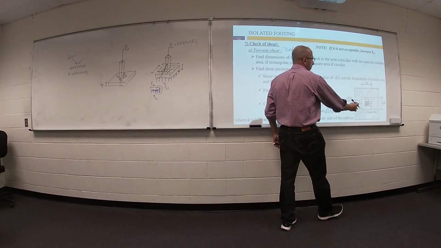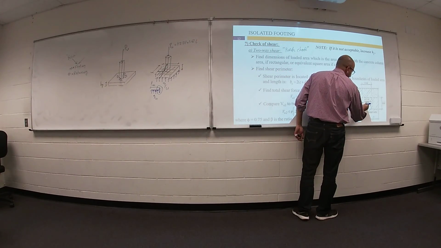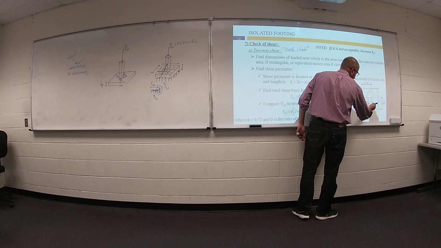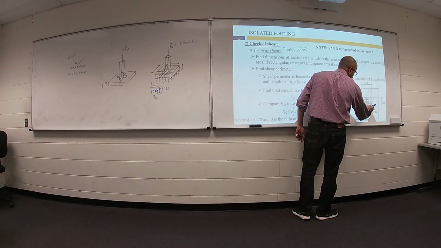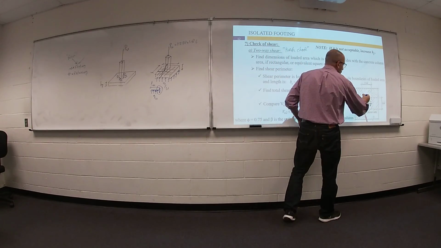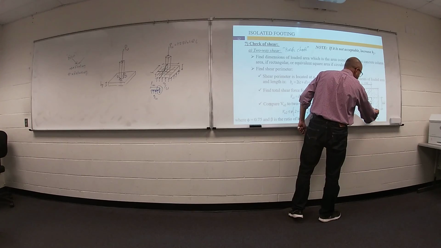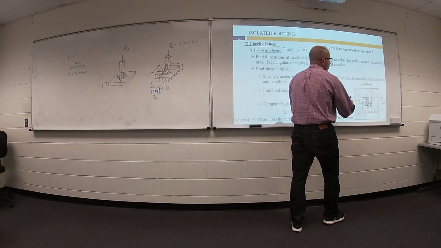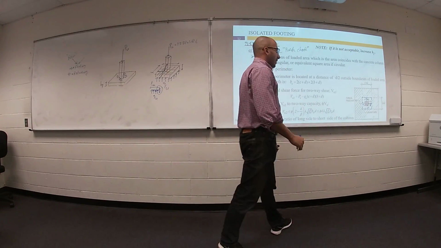So here is your column, and this distance is d divide 2, this distance d divide 2, this d divide 2, and this d divide 2. So I expect my column will take this area and punch this footing.